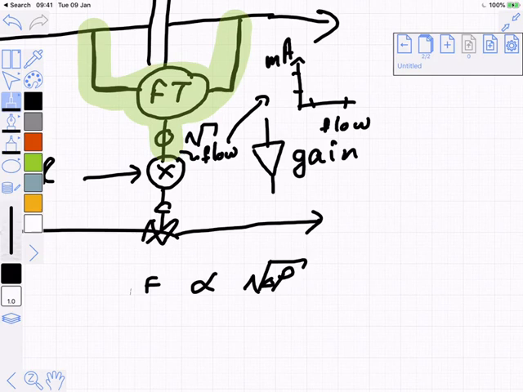Right? And if you can move something, you can attach that point that's moving to a lever, which will multiply it by something. And then you can attach the other end of that lever to a valve, which is mechanically moving up and down.